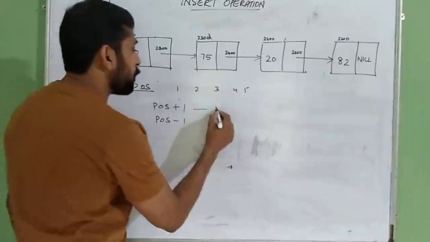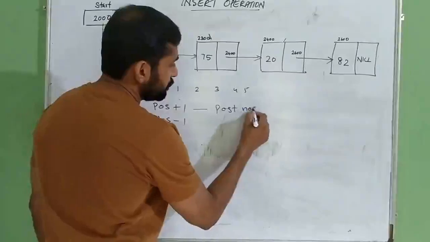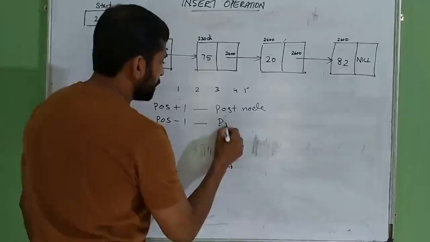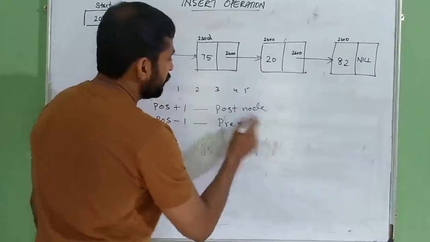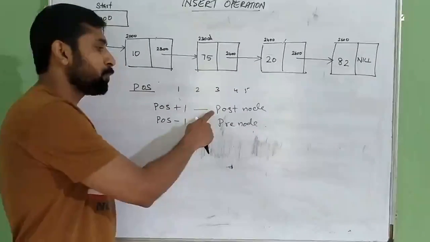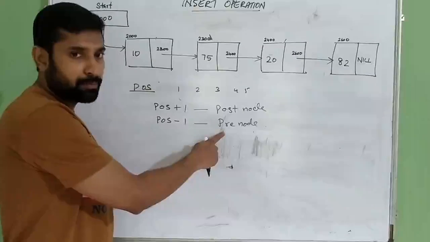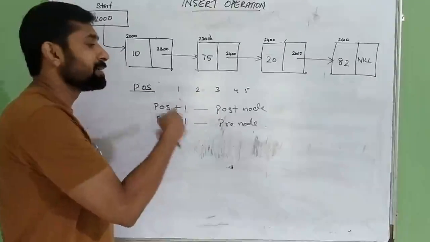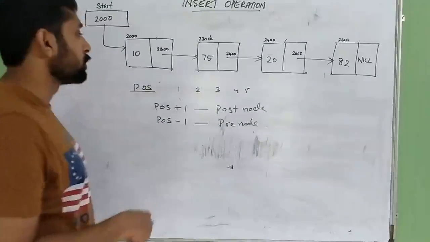This is called the post node and this is called the pre node. We have to traverse through the linked list and identify the post node and pre node. Then only we can insert a new node.